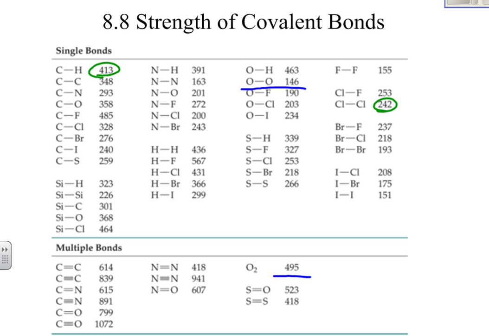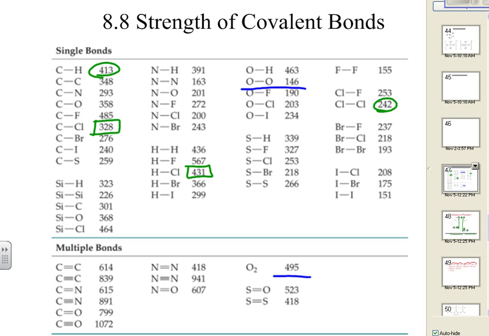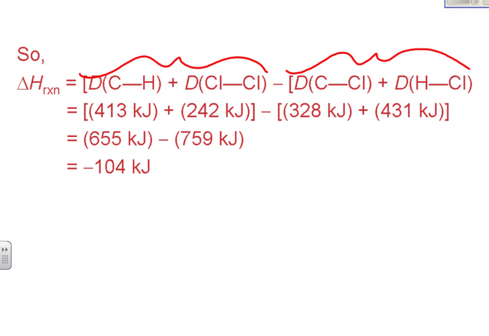So those are two energies that we needed to break. And then the ones that we're going to form are between a carbon and a chlorine and a hydrogen and a chlorine. So those are the numbers that we'll put into our formula. Once we do the calculation, we end up with the number of kilojoules that would be given off in this reaction.